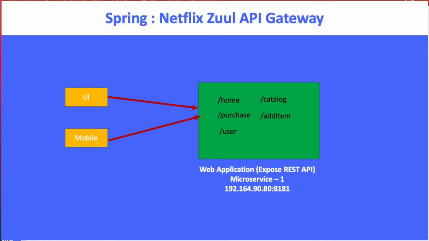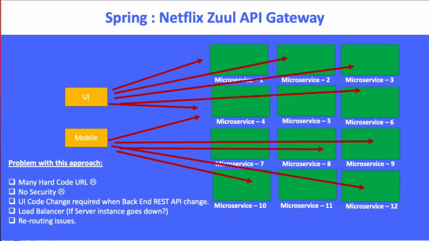But the bigger problem is that when you will have many more microservices, right? Earlier you were only calling the two microservices. Now if you have to call many microservices, for each call you have to hard code many IP addresses and port numbers to access these microservices, right?